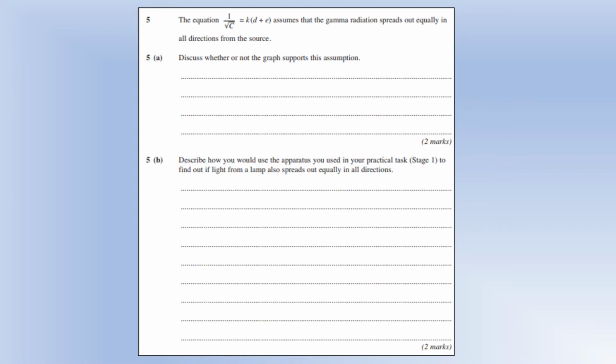Okay, so the equation 1 over root C equals k times D plus E assumes gamma radiation spreads out equally in all directions from the source. Discuss whether or not the graph supports this assumption. So essentially the way I thought about it is if it spreads out equally in all directions, intensity should be inversely proportional to D squared. That's what we get with any kind of scenario when we have things spreading out from a point.